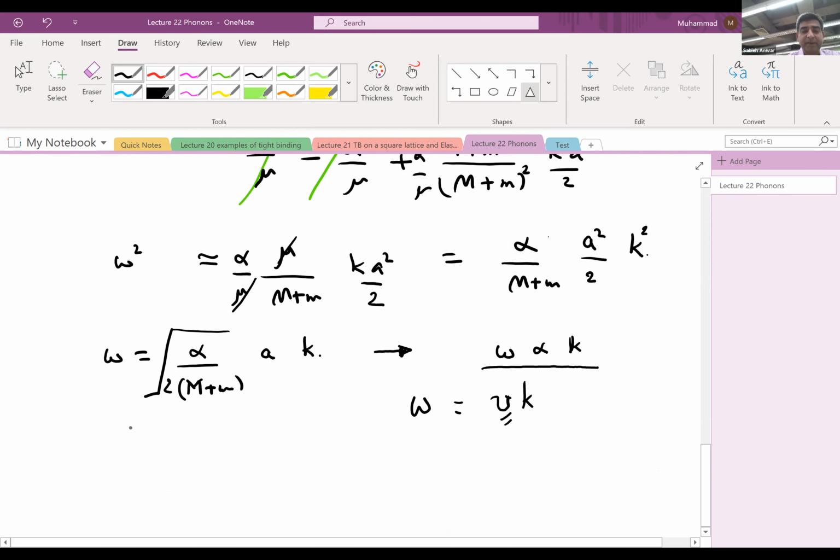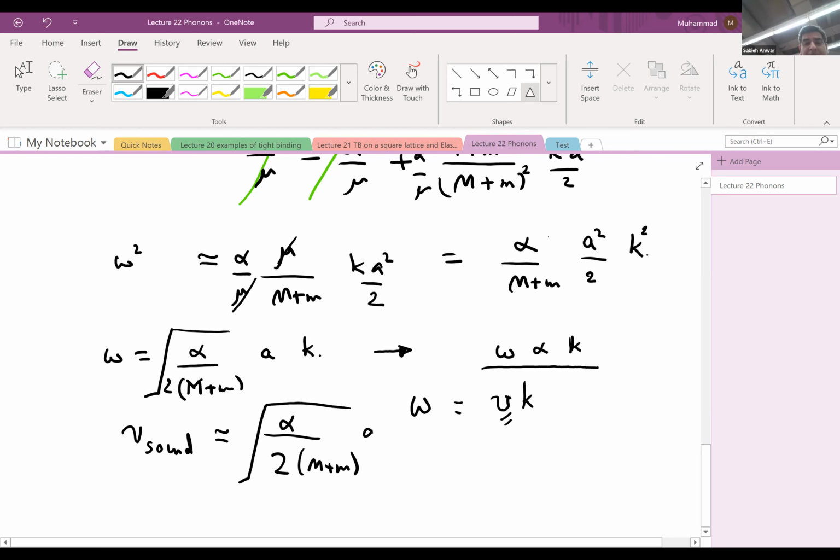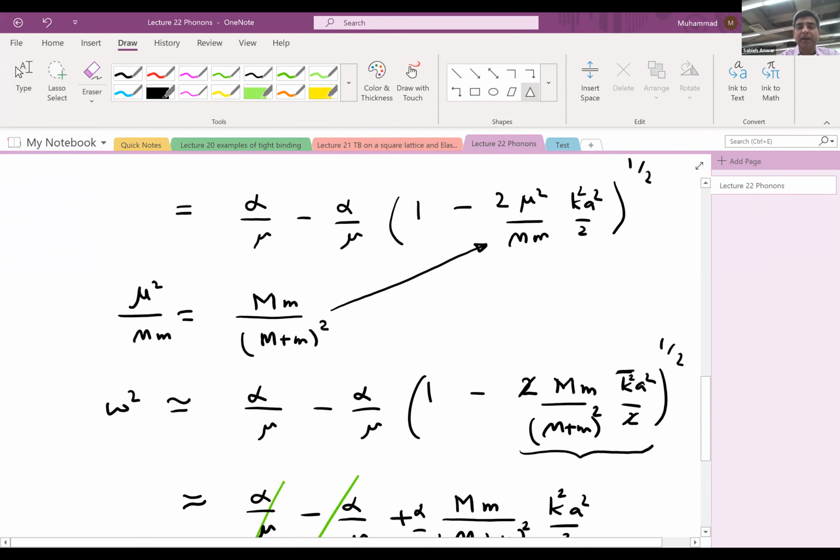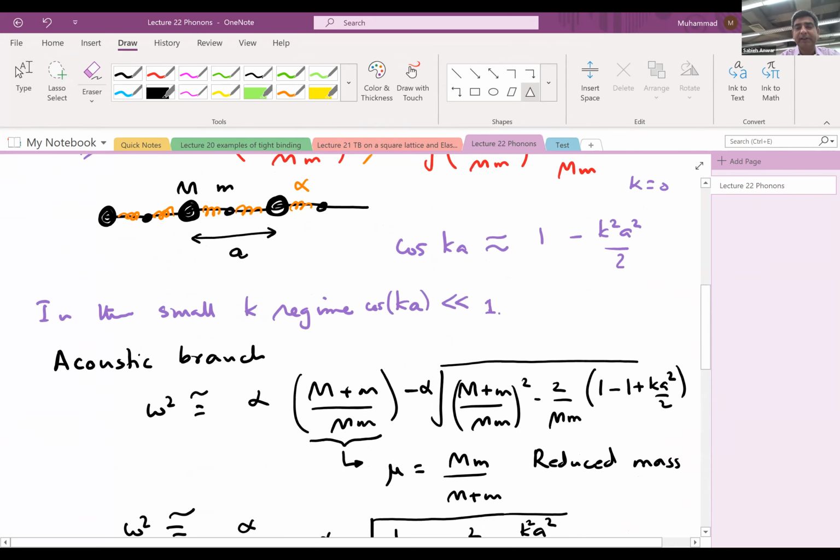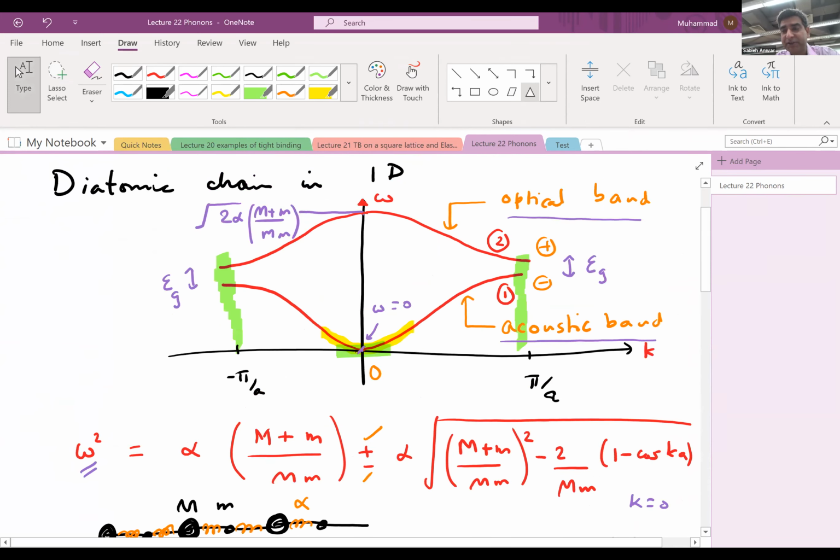And if you look at this expression here, the speed of sound inside the solid will approximately be given by alpha over 2m plus m under root into the lattice spacing a. So that's why the bottom branch, the lower band that has been drawn in this dispersion relationship is called the acoustic band.